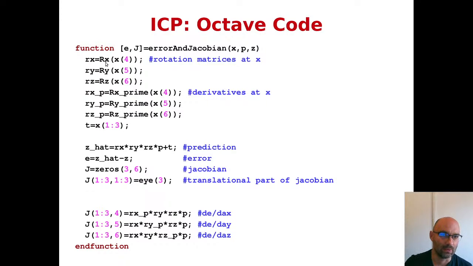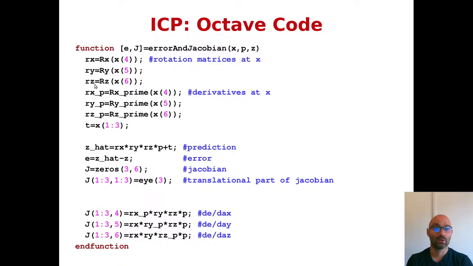There is a utility file Rx that, given an angle, constructs a matrix of a rotation along the x of this quantity. Ry is the same along the y-axis, Rz is the same along the z-axis. So Rx, Ry, and Rz small are the 3 rotation matrices along the 3 axes.